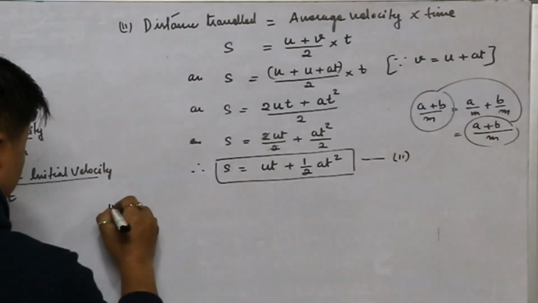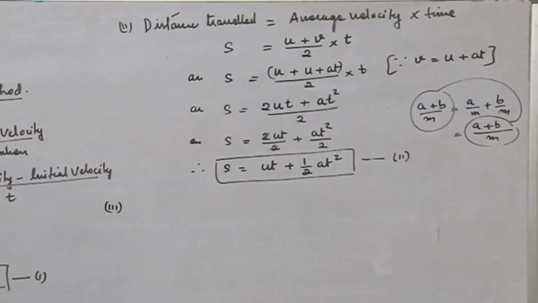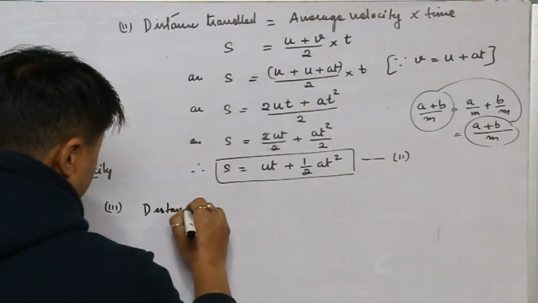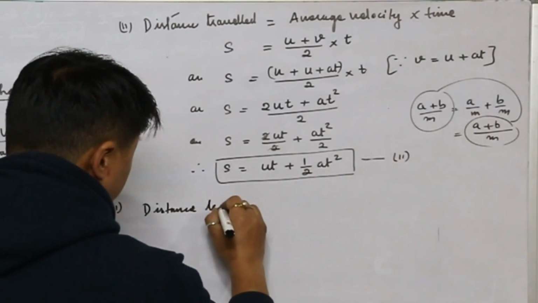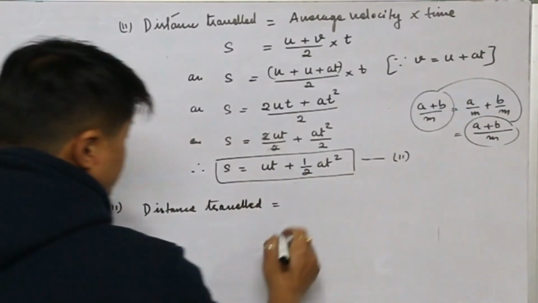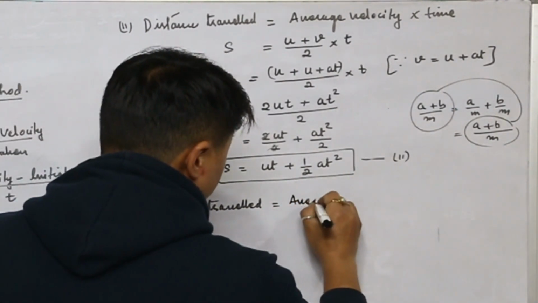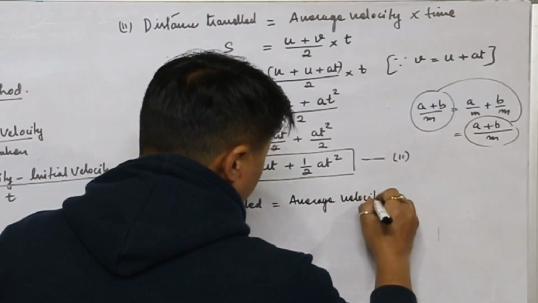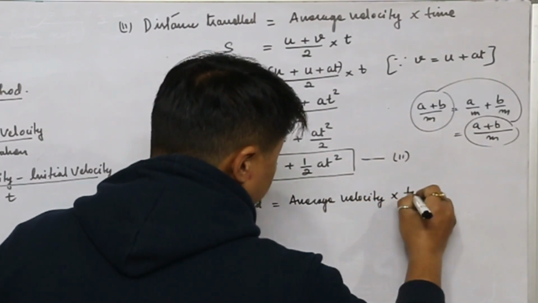And for the third one, we use the same formula. Or you can write displacement in place of distance traveled also. Distance traveled is equal to average velocity into time.